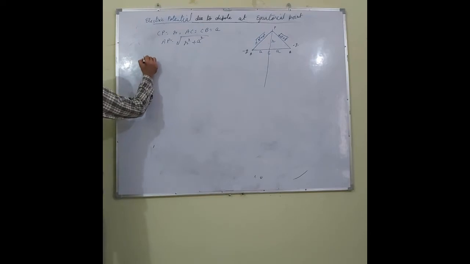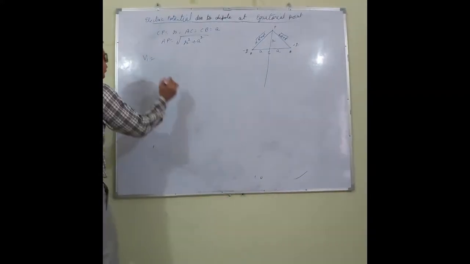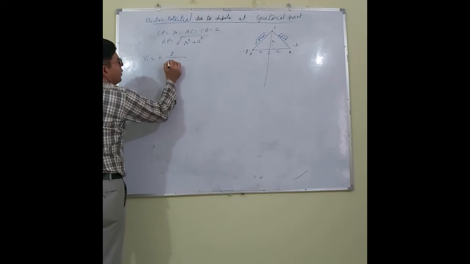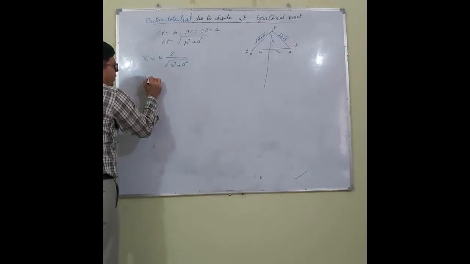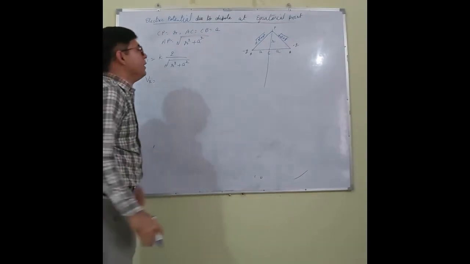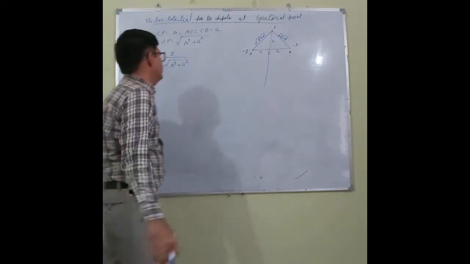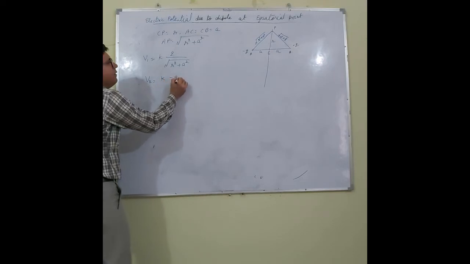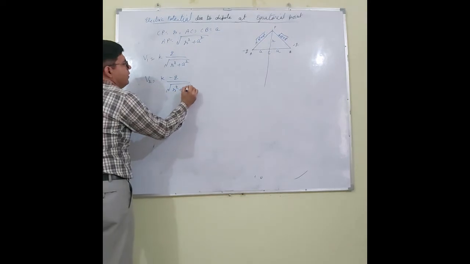Now electric potential at P due to this positive charge, formula is K Q upon under root R square plus a square. And what is electric potential at point P due to minus Q charge? This will be K, charge is minus Q, upon R square plus a square square root.